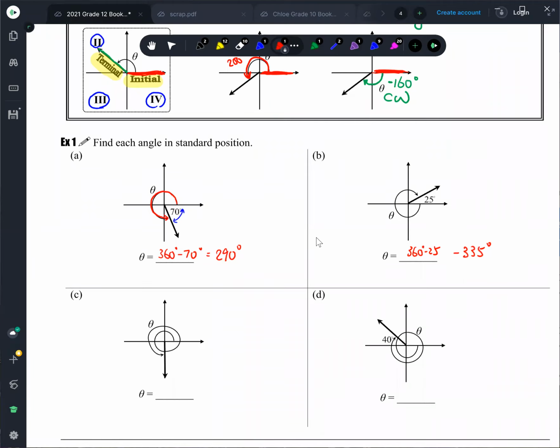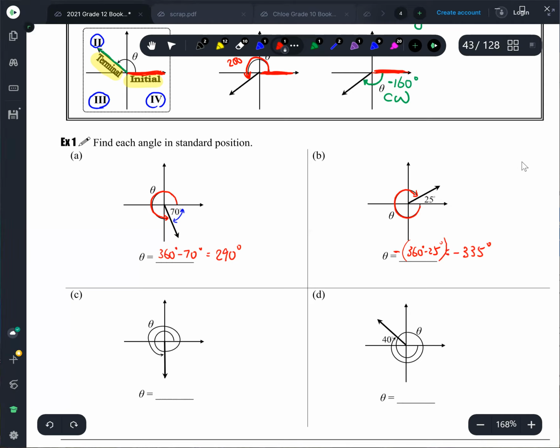So we just take away 25-degree from 360 and have a negative at the front. Okay, if you want to show the step, this is what you can do. Yeah, Susan, of course. Okay, and then question C.